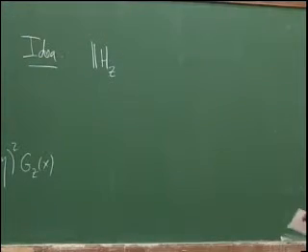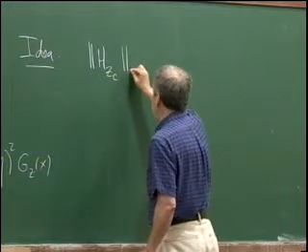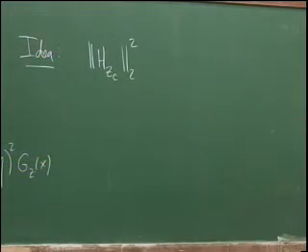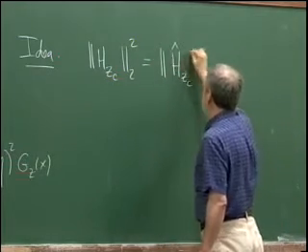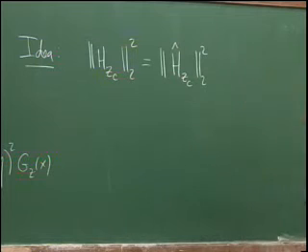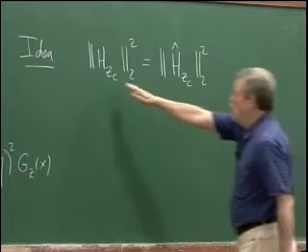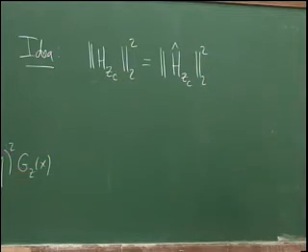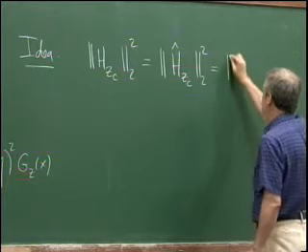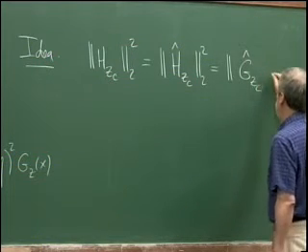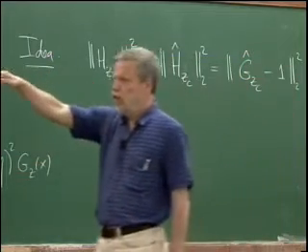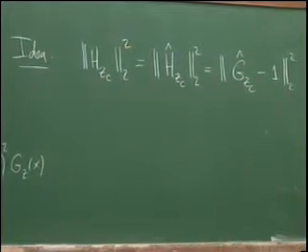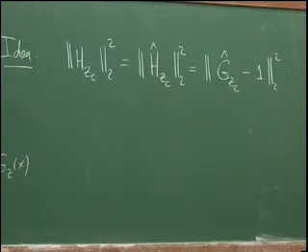And so I want to say that this L2 norm here, which is also the L2 norm of the Fourier transform by Parseval's relation, so this is a sum over x, and this is an integral over k, is also equal to g_z hat minus 1, because the Fourier transform of the Kronecker delta there is just 1, which is the difference between g and h.